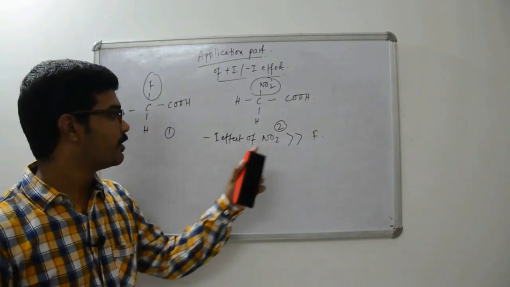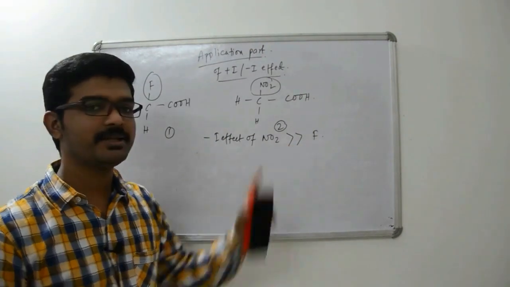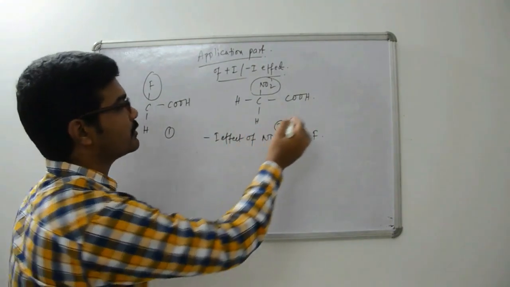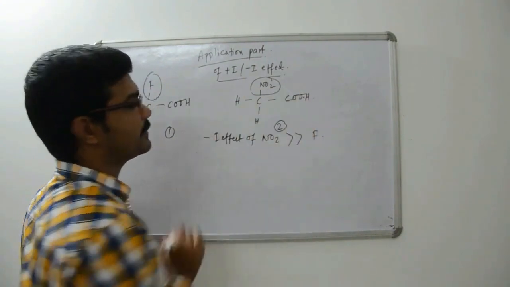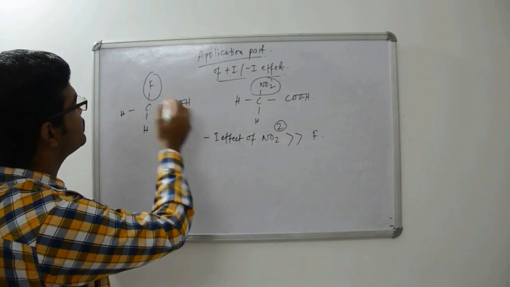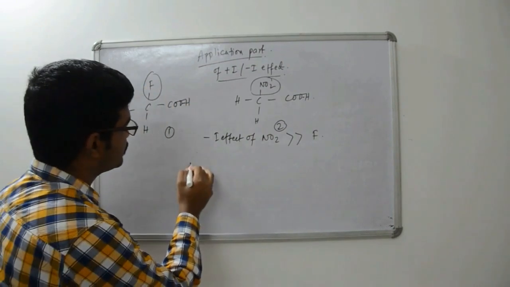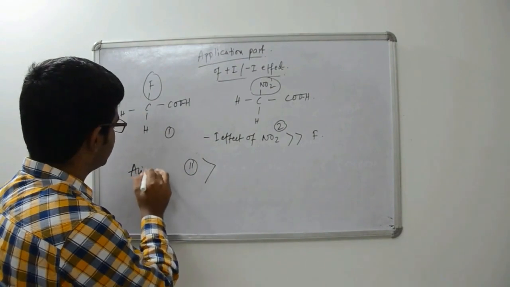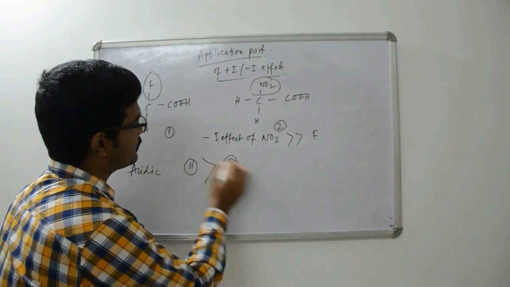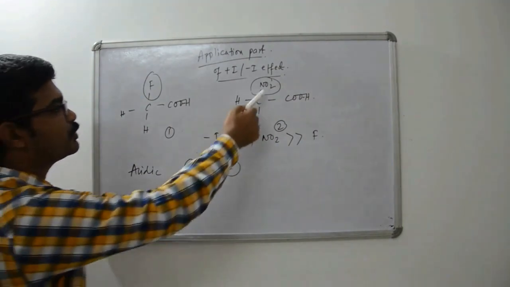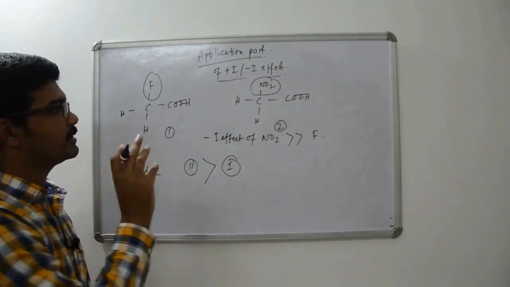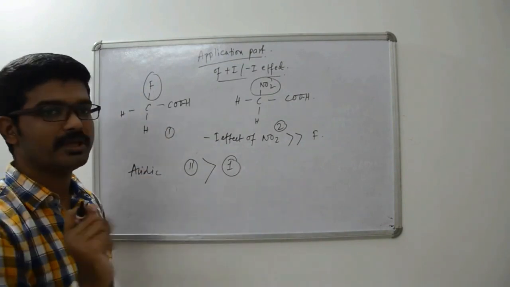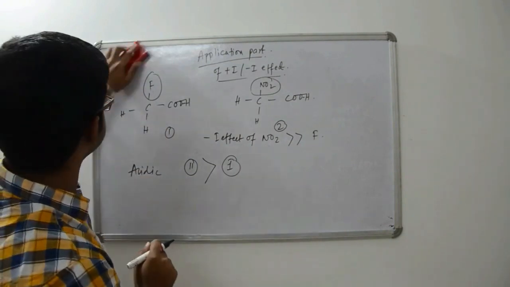Minus I effect of NO2 is far greater than F. So NO2 will withdraw more electrons from this bond in comparison to fluorine. So 2 will be more acidic than 1 because NO2 has more minus I effect in comparison to F, right?